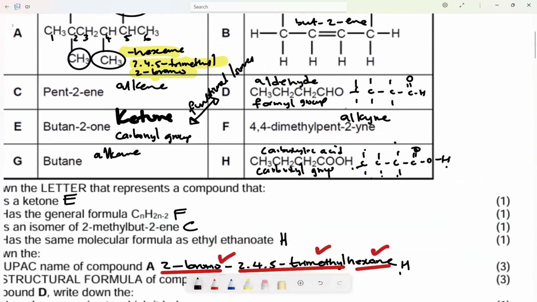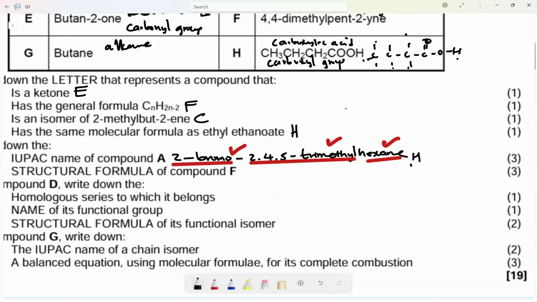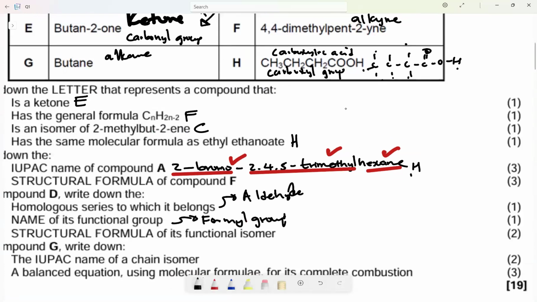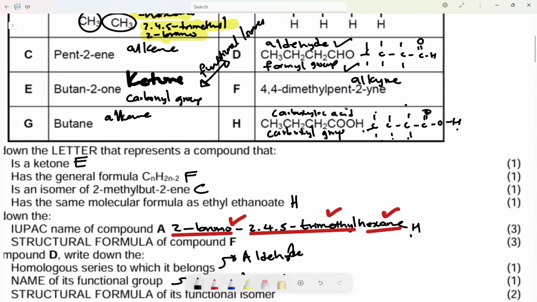So they want the homologous series to which it belongs. It belongs to the aldehyde. The functional group of an aldehyde is the formyl group. Already answered those questions here.